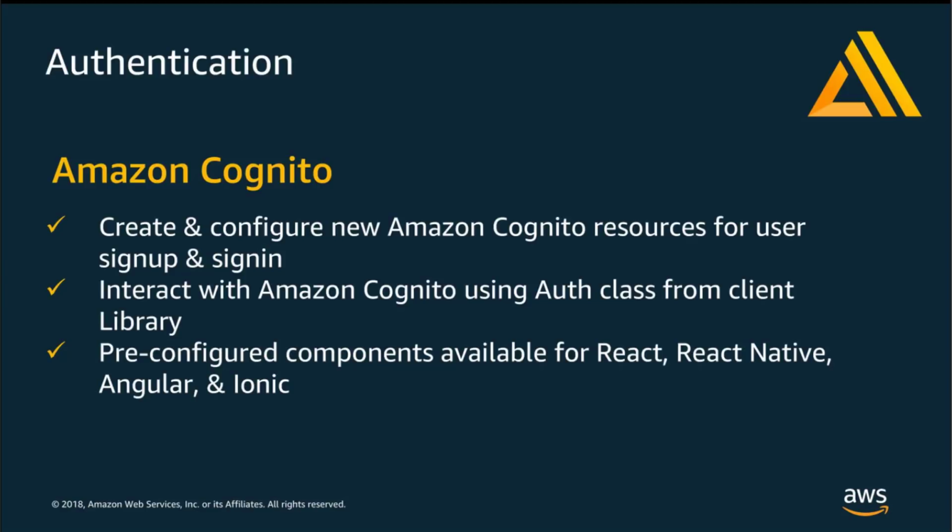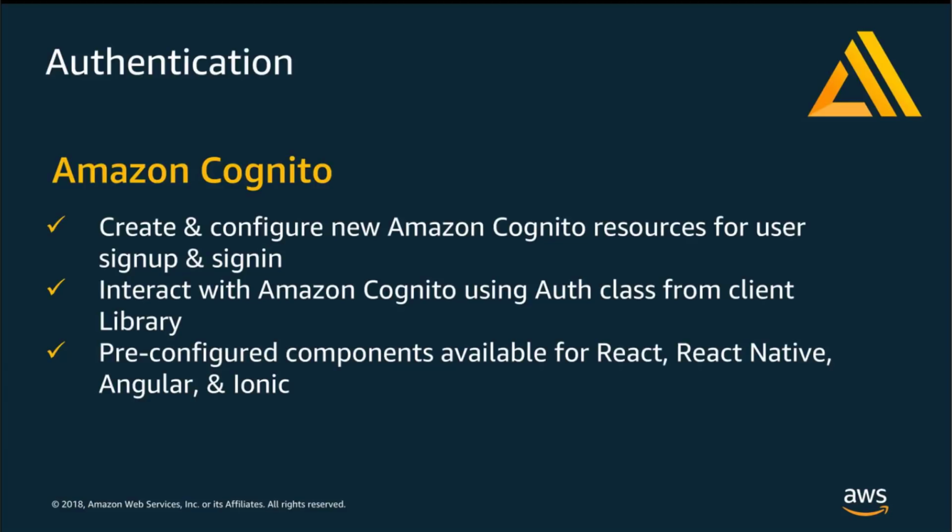As far as authentication, it's going to be done using Amazon Cognito. And using the CLI, you can create and configure new Amazon Cognito resources for user sign-in, sign-up, and you can do a lot of the different things that you'll need to do in this environment of working with users, such as forgetting passwords and doing multi-factor authentication, and even doing things like time-based one-time passwords.